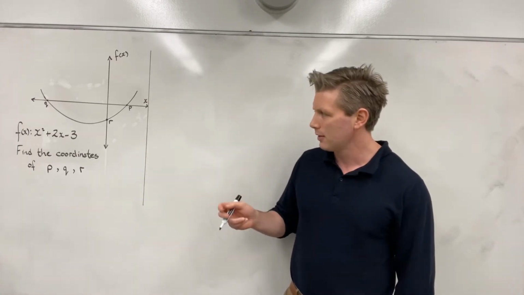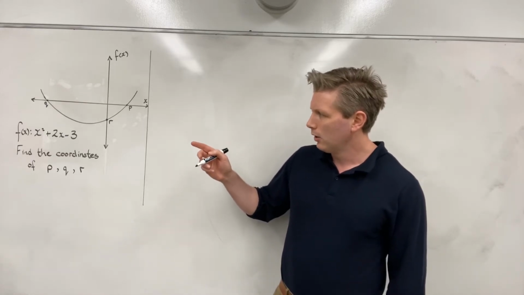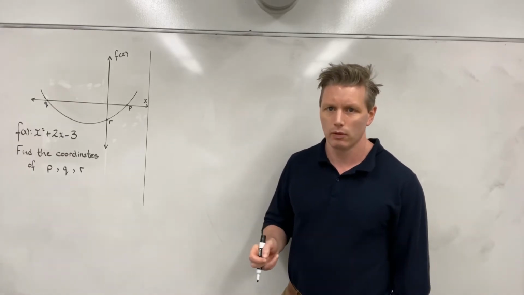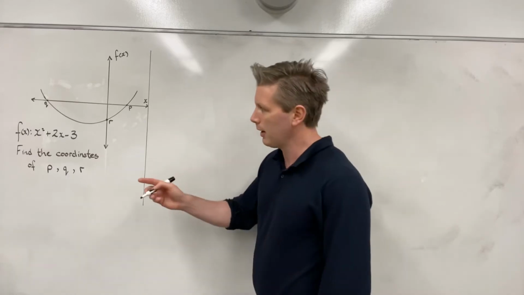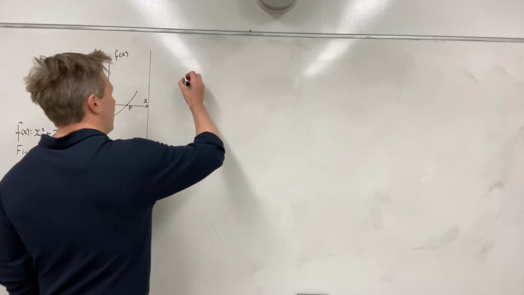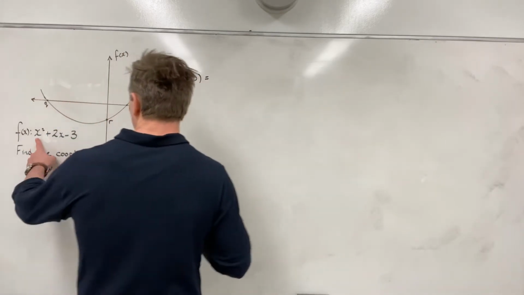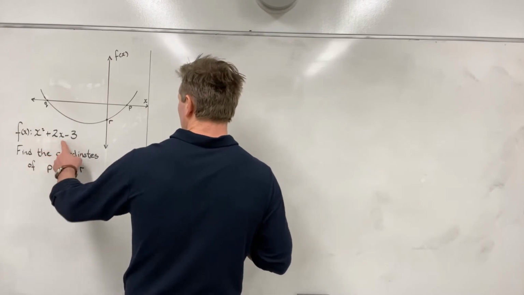Like I say, the y-intercept can be found by letting our x value equal 0. That's how we find the y-intercept. So I am given f of x, and I'm going to find f of 0. f of 0 is 0 squared plus 2 times 0 minus 3.